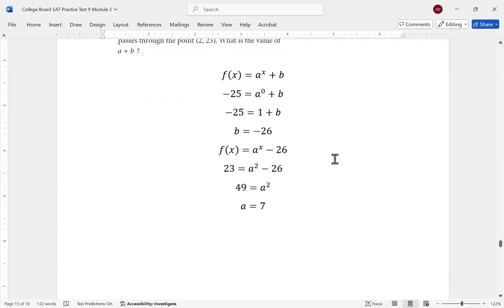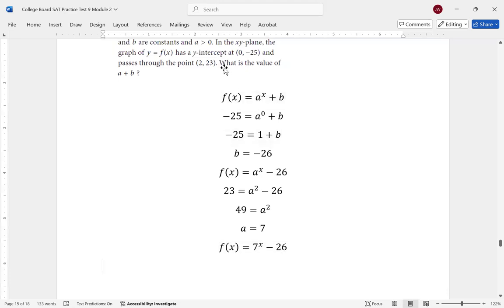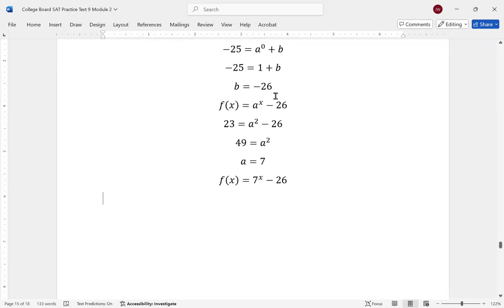So there we go. Now I know that my function is actually 7 raised to the x power minus 26. Now, that's not what my question asked for. The question is asking for what is the value of a plus b?